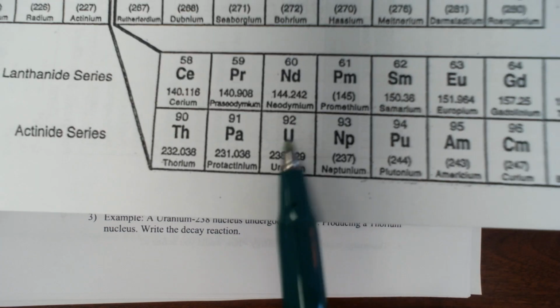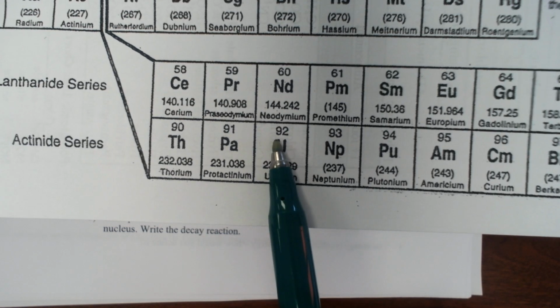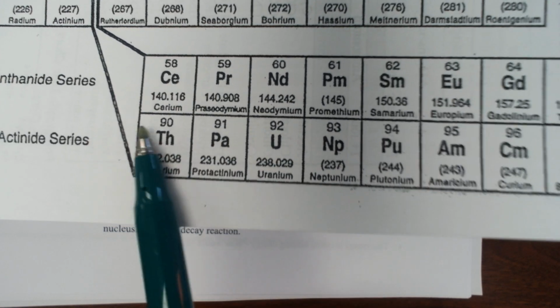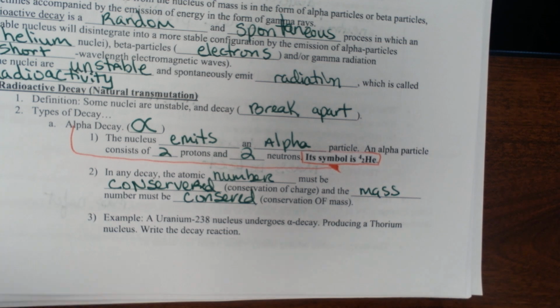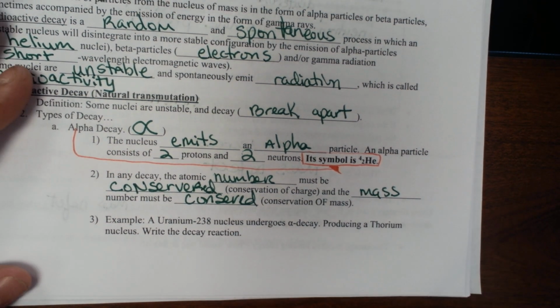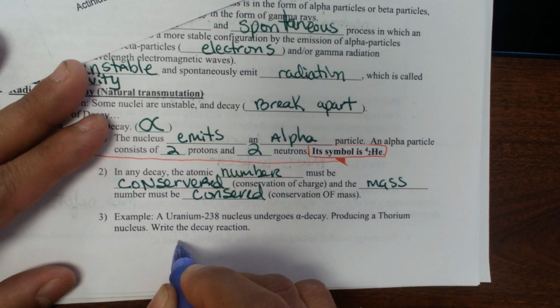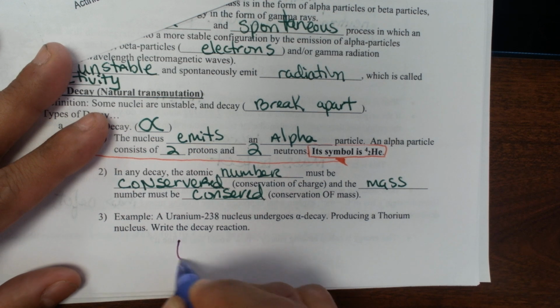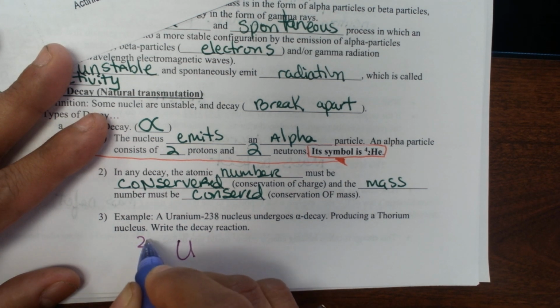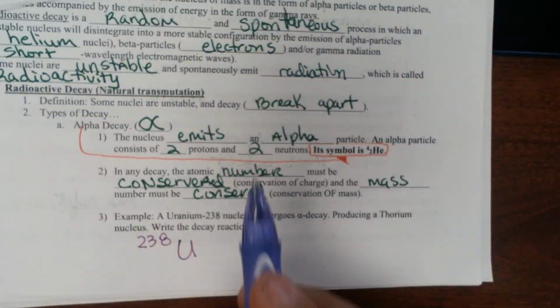Wait a minute, what? 2 protons. The number changes by 2. So let's go ahead and write out this decay. This would be uranium 238. The atomic number goes at the bottom. That's 92.